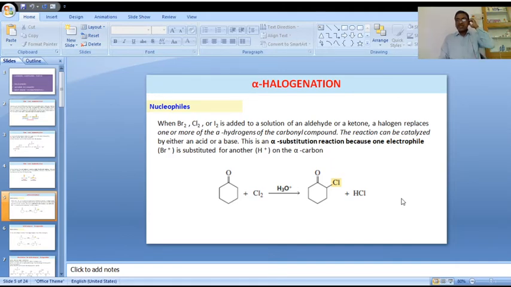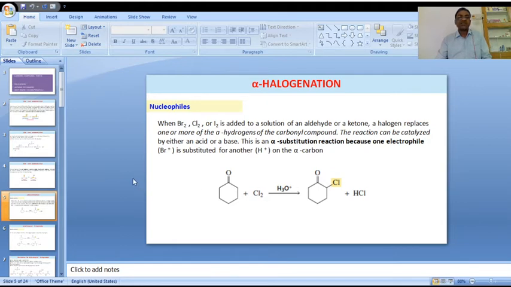The reaction can be catalyzed by either an acid or a base. This is an alpha substitution reaction because one electrophile, Br plus, is substituted for another, H plus, on the alpha carbon.